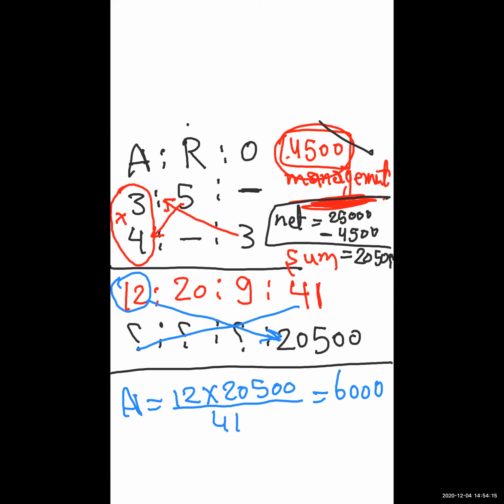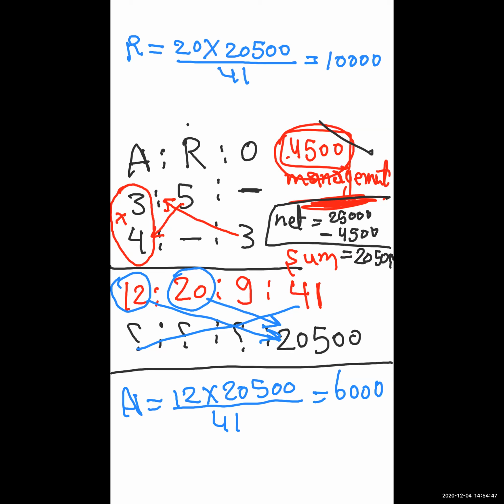Then Ramzi equals 20 times 20,500 over 41. So it will equal 10 thousand. So Ramzi's share of the profit is 10,000.